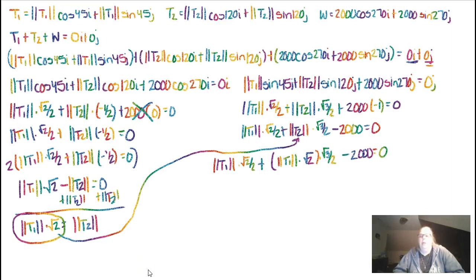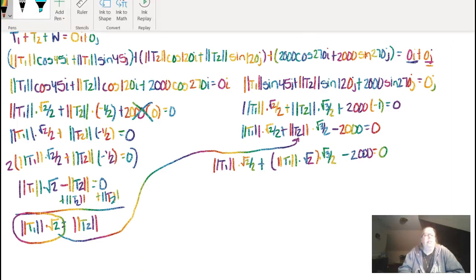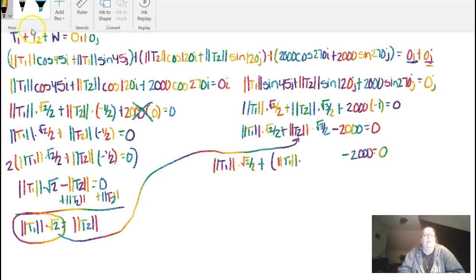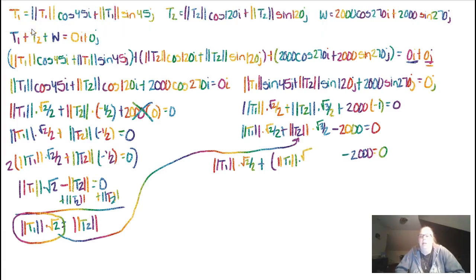Now, right here, the square root of 2 times the square root of 3 over 2, we can just change that to the square root of 6 over 2, because we're allowed to multiply radicals together.